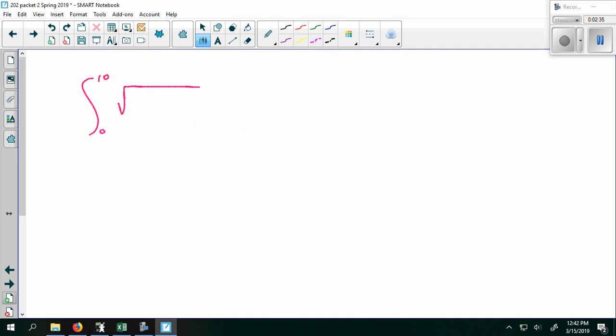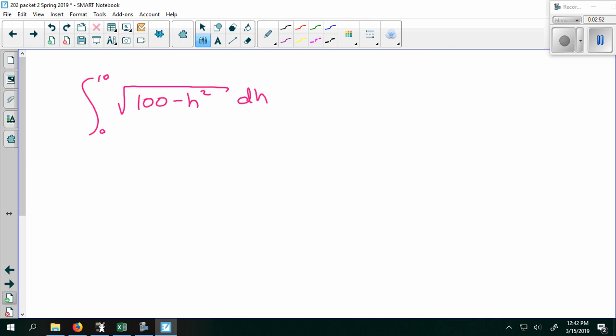Okay, so the integral from 0 to 10 of the square root of 100 minus h squared dh. Okay, so I have something in my integrand of the form a squared minus h squared. So that's a trig substitution.